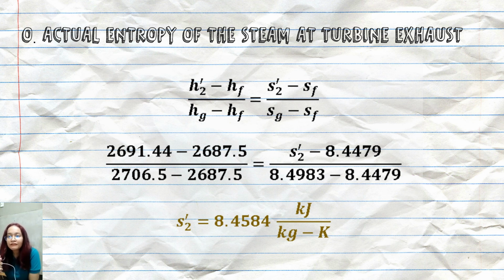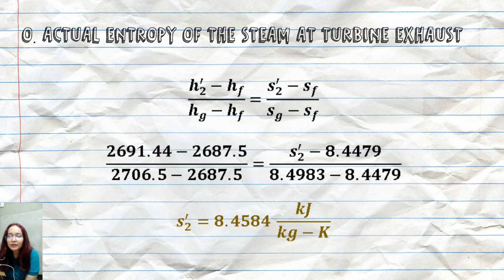Just substitute the values and you can now put this equation on your scientific calculator, then shift solve. And the final answer will be 8.4584 kilojoule per kilogram Kelvin.